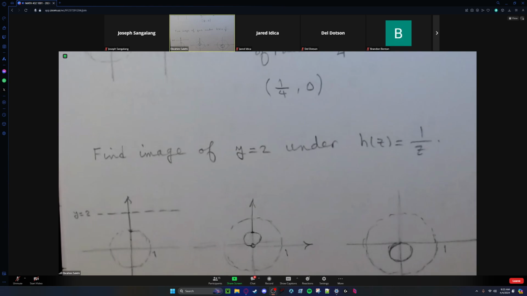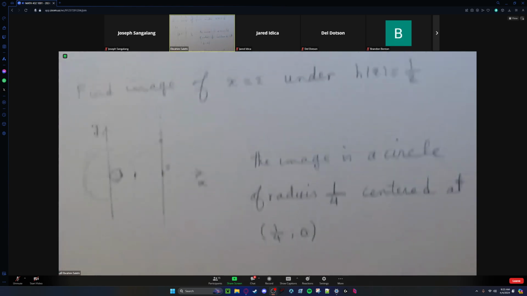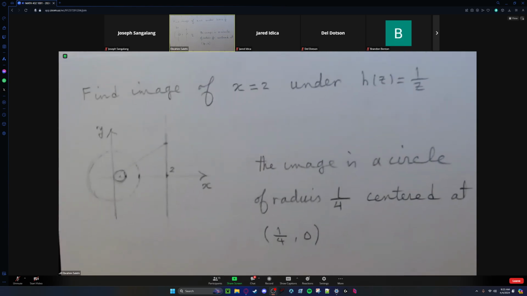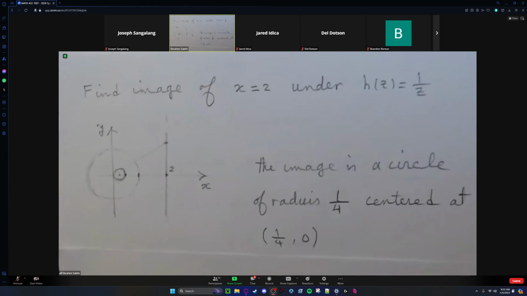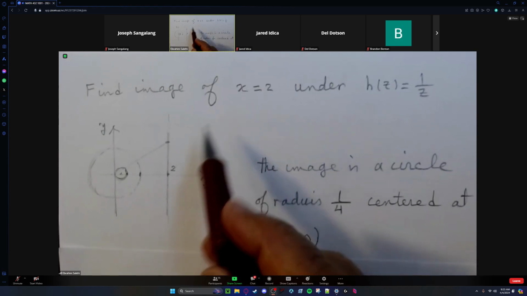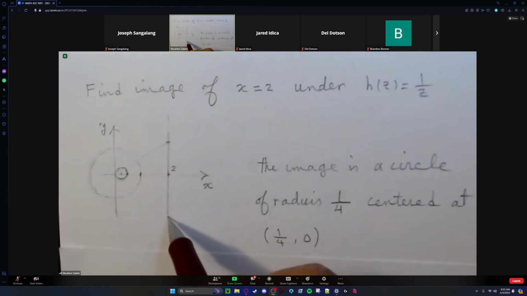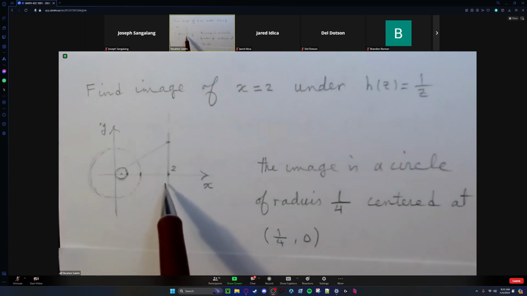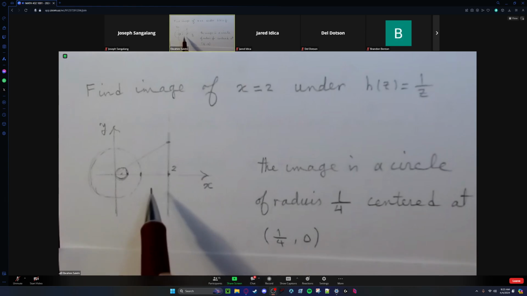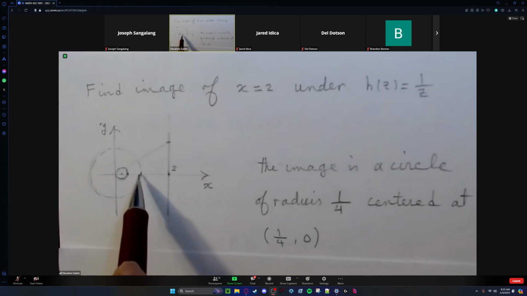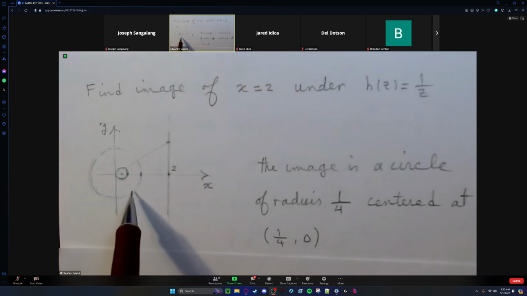Here are more examples of 1 over z. For x equals 2, if you apply 1 over z, this point here is the unit circle.